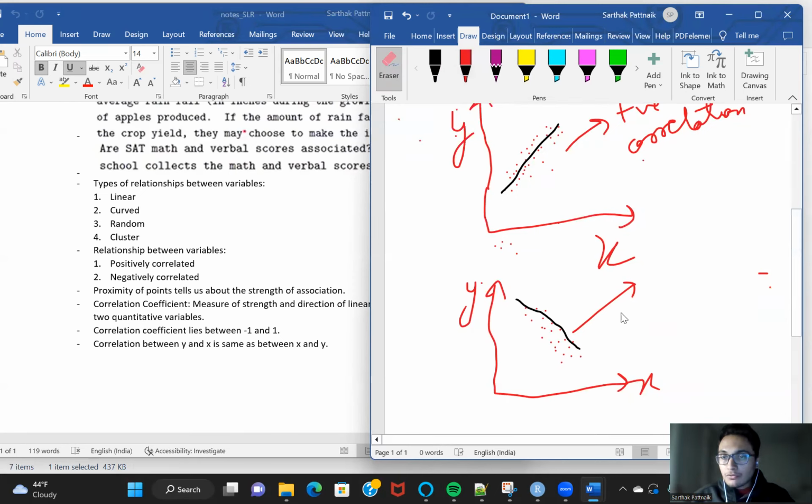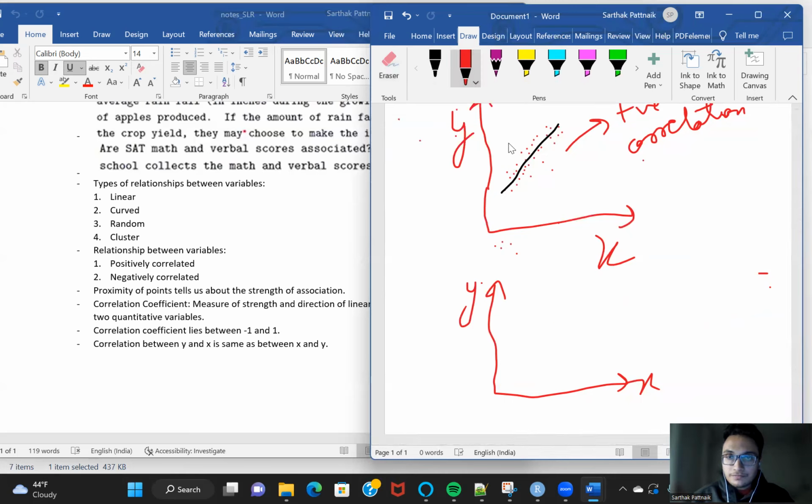Let me take an example of two positively correlated scenarios. One is this, and the other is this. Again, this is an example of positive correlation.